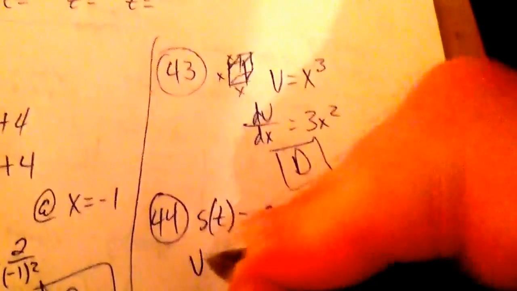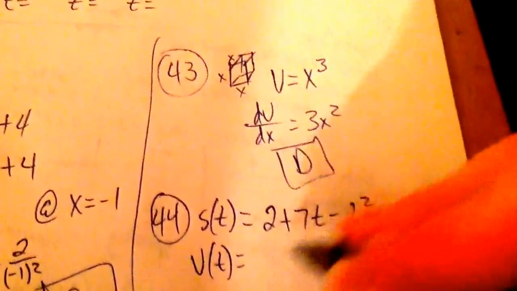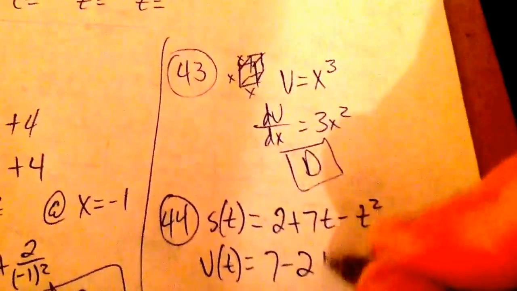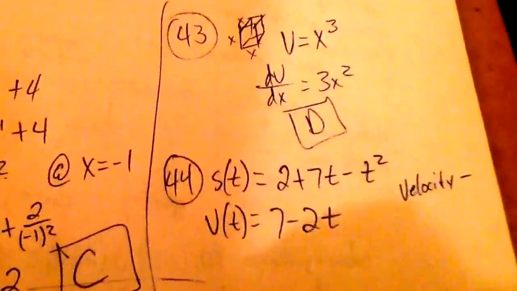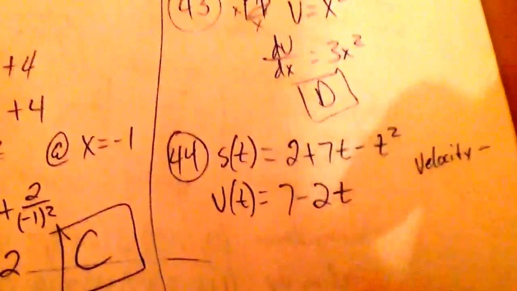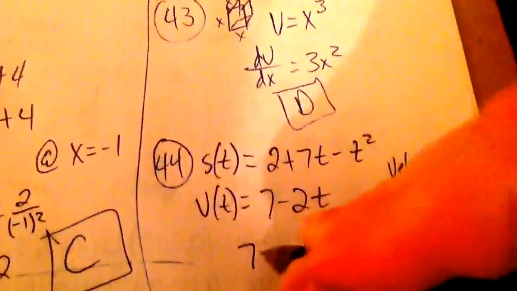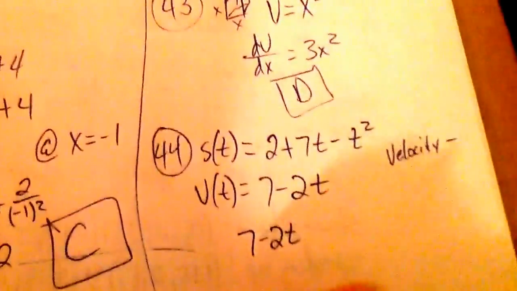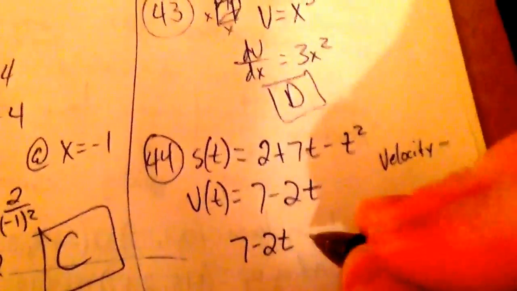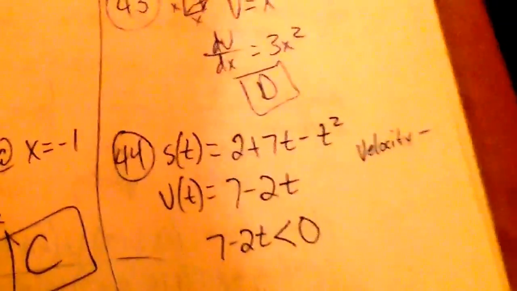It's easiest probably just to find the velocity function, which is the derivative of that. The derivative of the 2 is 0, so I'd have 7 minus 2t. Alright, power rule, 7 minus 2t. So when is that going to be negative? Well, there's a very easy mathematical way of doing that. Just say that has to be less than 0 and solve that inequality.